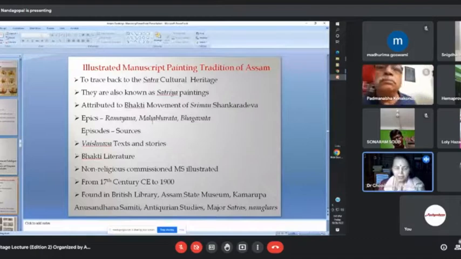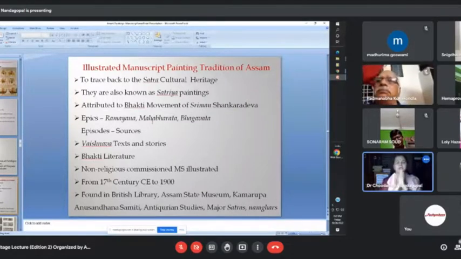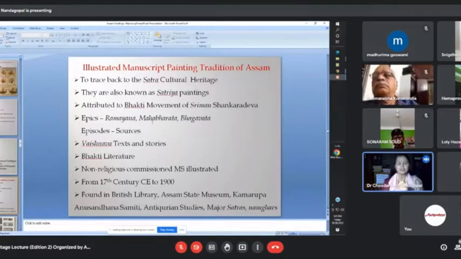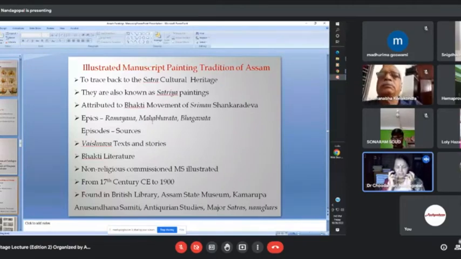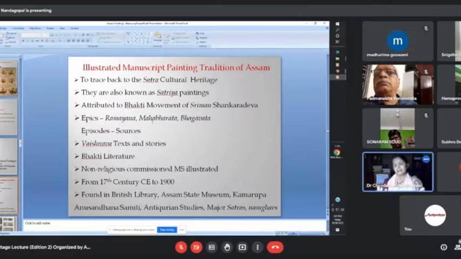Okay, so I have taken you on a historical journey to understand the rich manuscript tradition of India. Every region contributes to the manuscript tradition.